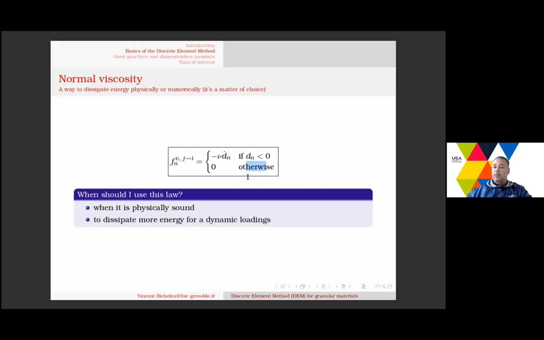But sometimes we only need to dissipate energy, so we may also use this viscous term as a way to dissipate energy for a numerical reason. Okay. So it depends. There is not a single rule. It is like a recipe. You have to adapt to the situation you play with.